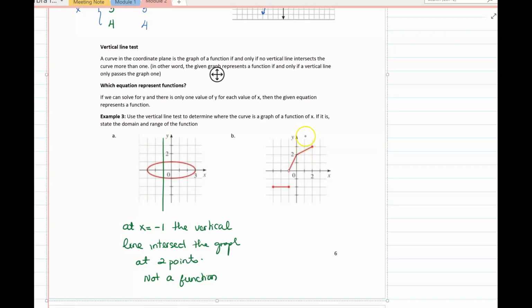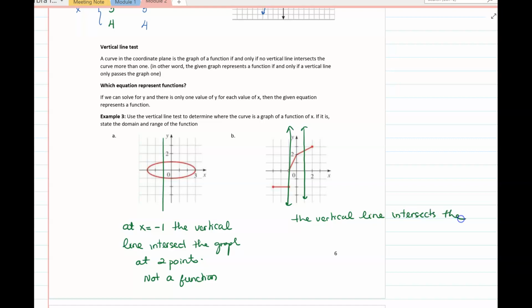Whereas in the second one, if I draw a vertical line at any point, it only intersects the graph at 1 point. So this graph represents a function.